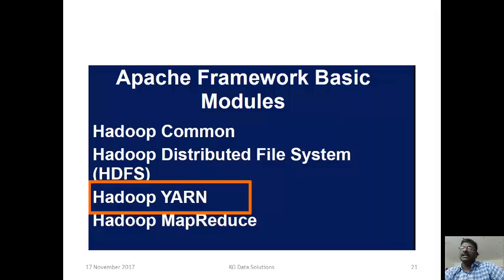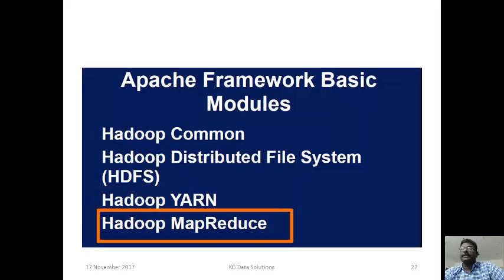One was to map and reduce. Basically it will start processes, and also handle the resources, like how to allocate resources. That part of resource handling was taken out in the next version. We will also be seeing it in detail in the next module. So that is YARN, Yet Another Resource Negotiator.